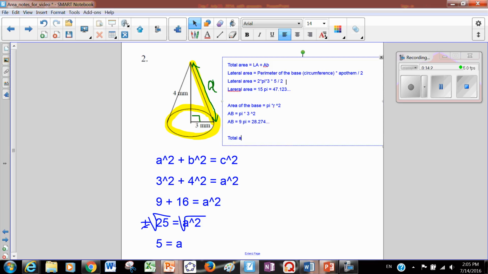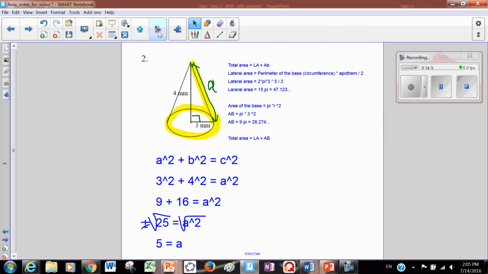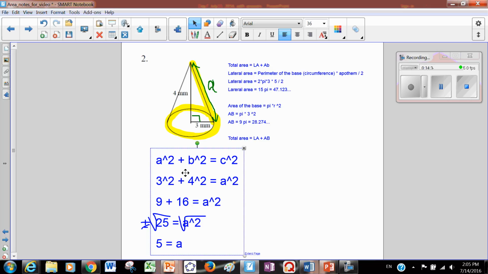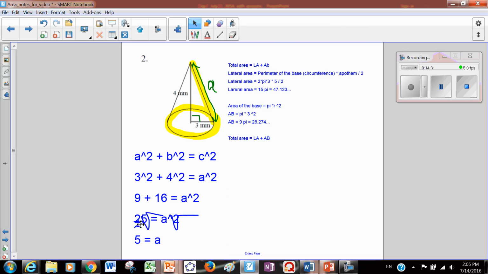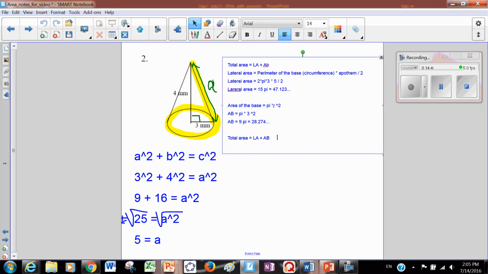So if we want to find our total area, it's going to be equal to the lateral area, LA, plus area of the base. Hold on, I'm just going to bring this on the side a little bit so you can finish here. So to find our total area, you can write the lateral area, which was 15 pi plus 9 pi.